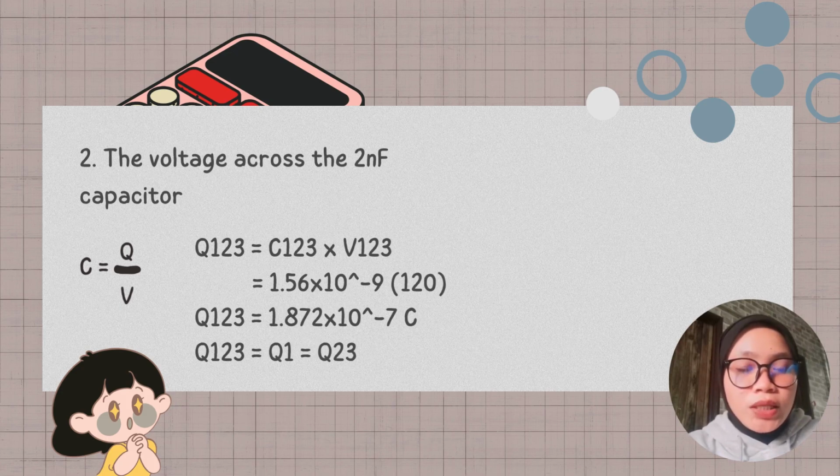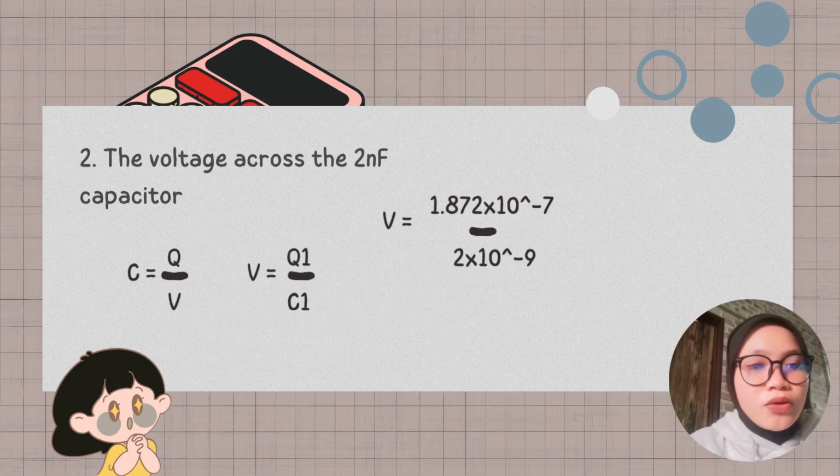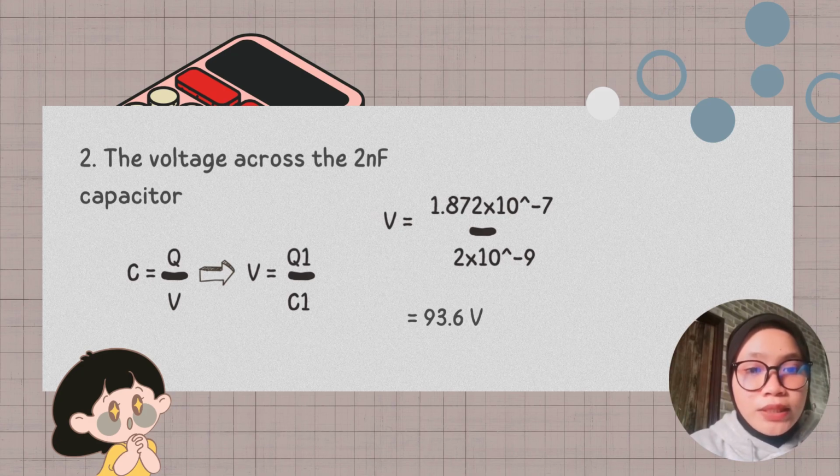So C123 has the same Q. Question 2 wants the voltage across the 2 nanofarad capacitor, which is C1. C1 is 2 nanofarad. So we have the formula C equals Q divided by V. We arrange the formula again: V equals Q1 divided by C1.